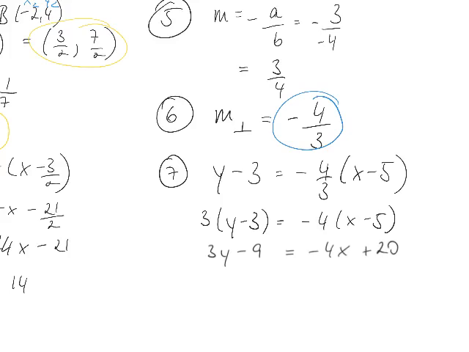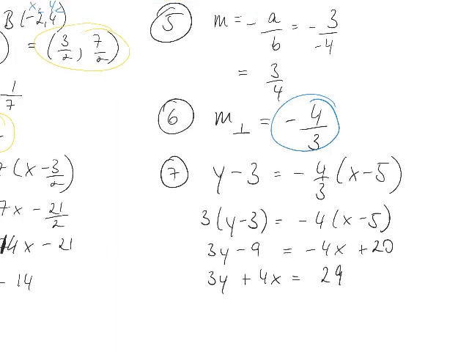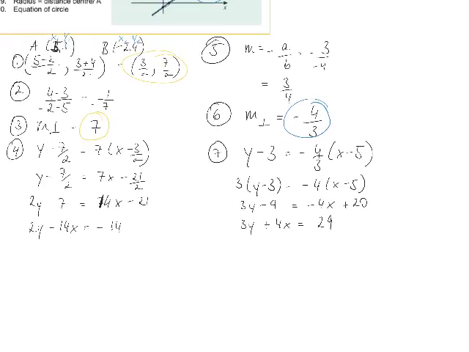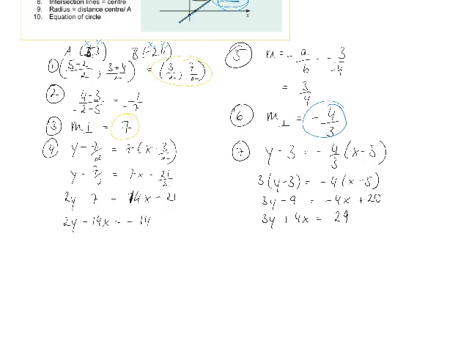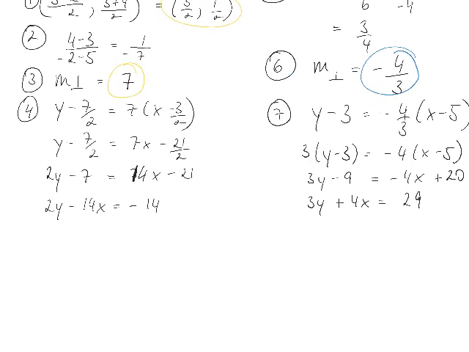I will bring the minus 4x to the left, and I will bring the minus 9 to the right. So when I change the sign, 3y plus 4x equals 20 plus 9, which is 29. So now I have my two equations, and I have to use simultaneous equations to find where they intersect.